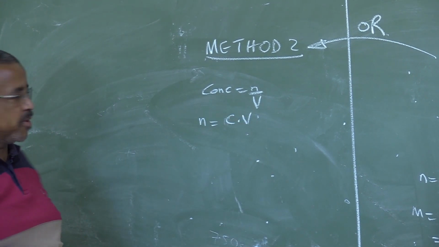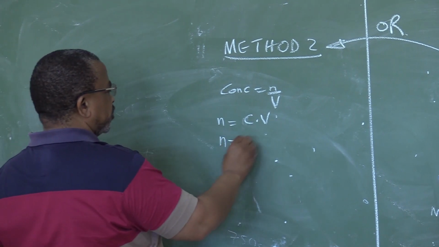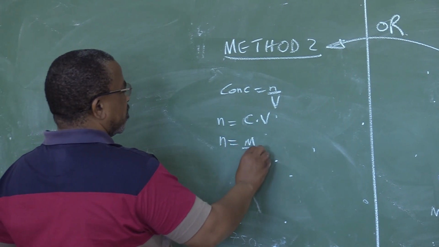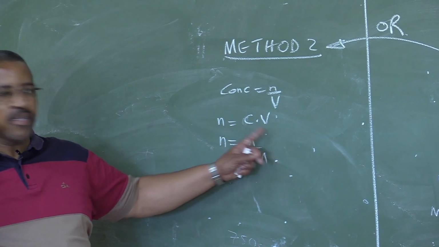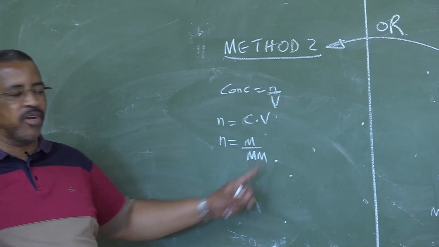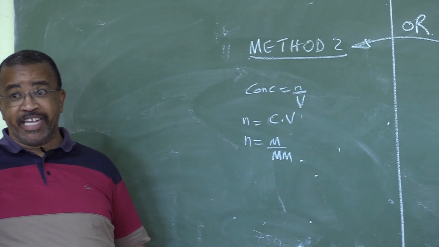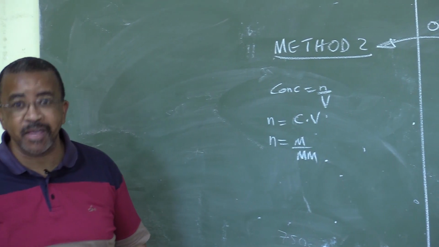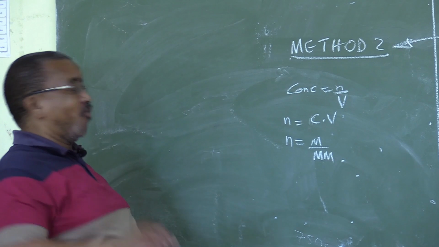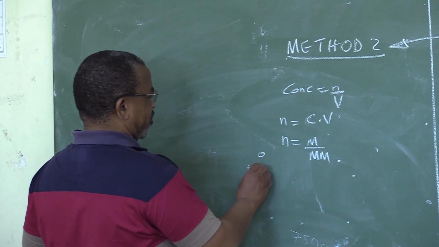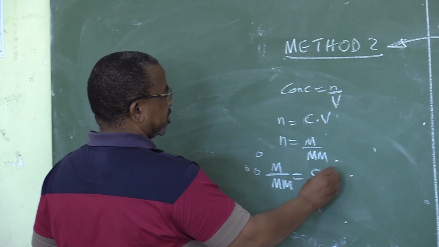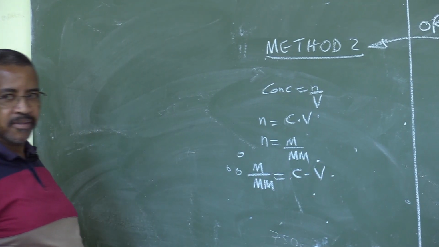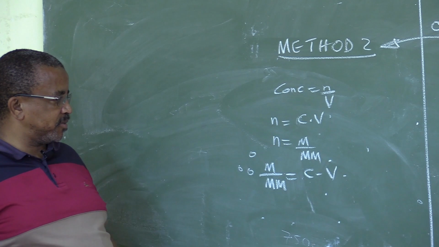And number of moles is also mass over molar mass. Therefore mass over molar mass is equal to CV.